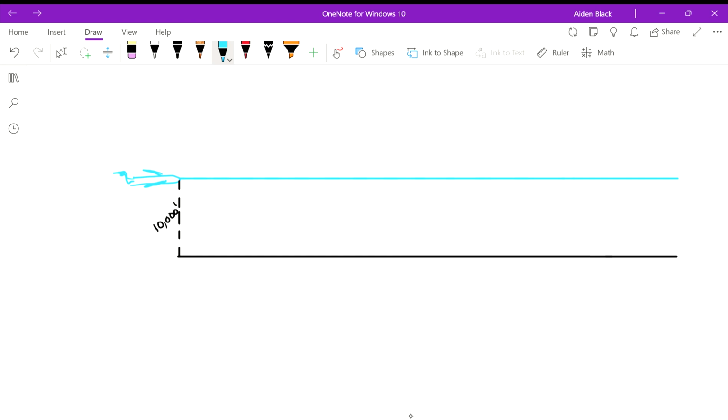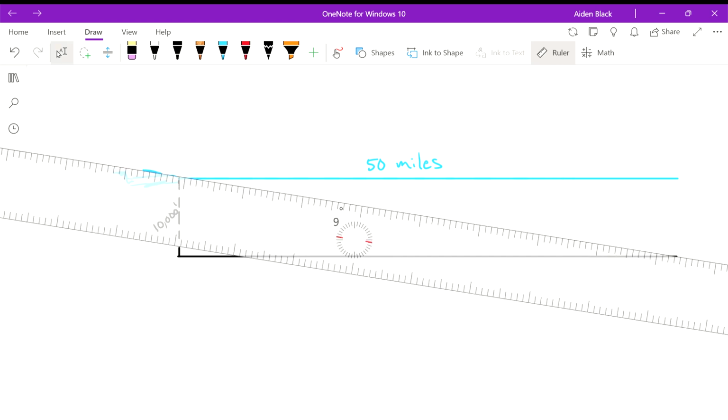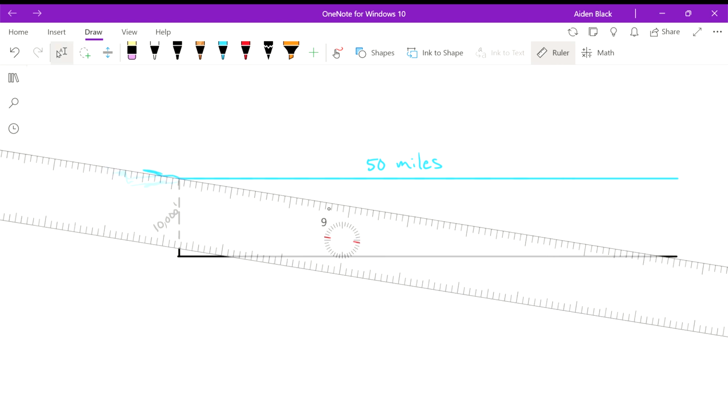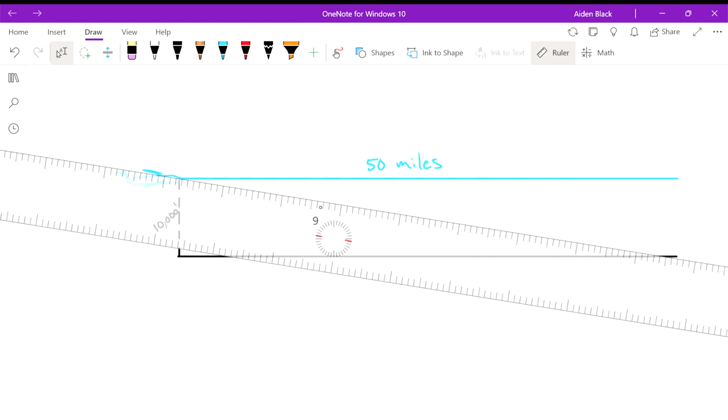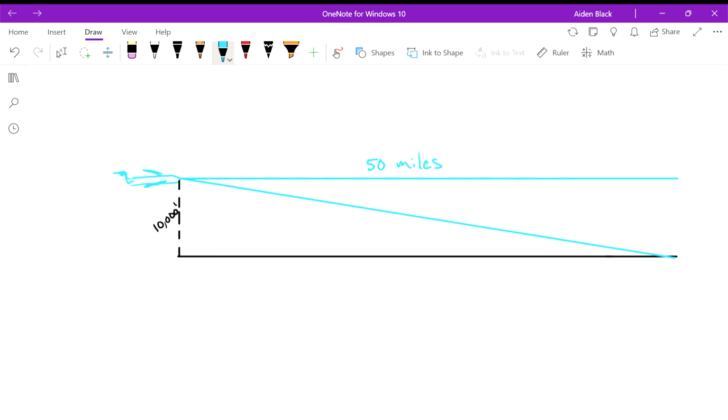So this being that same amount as that bottom line, 50 miles, we need to know this angle right here between the airport and the plane. So let's see if I can connect that. That'll do. Okay. So we're looking for this angle right here, x degrees.